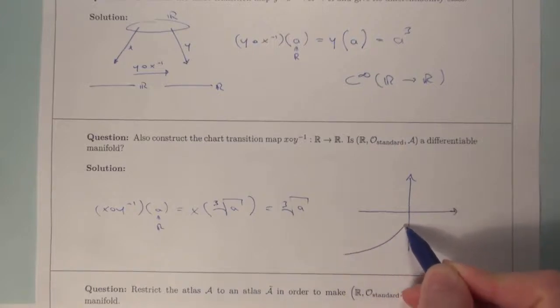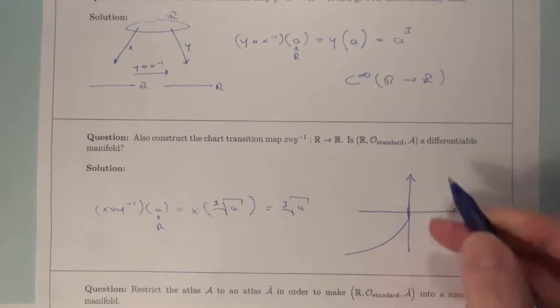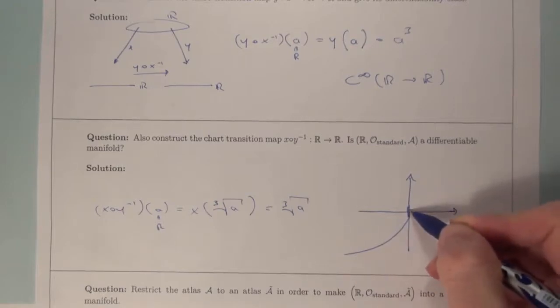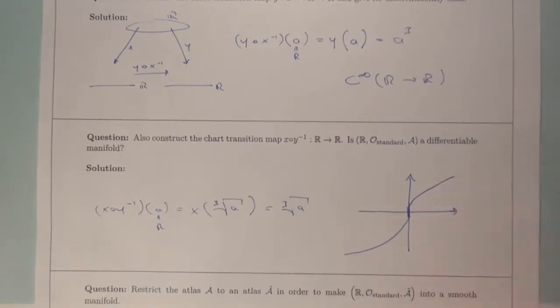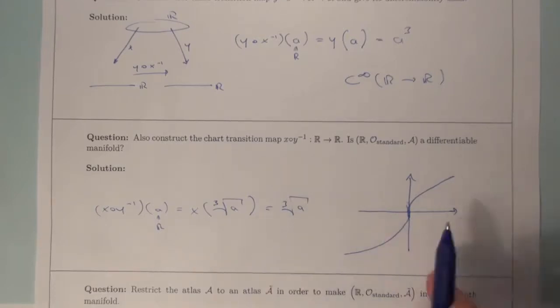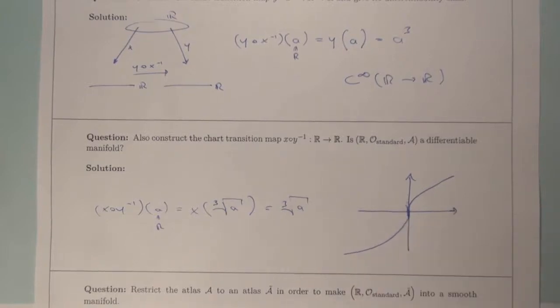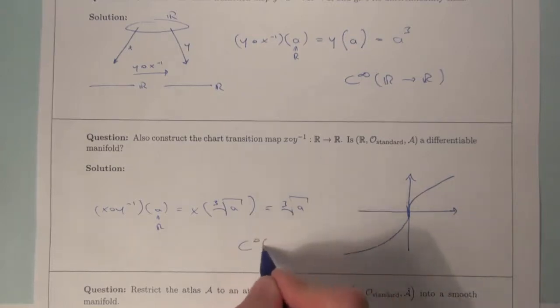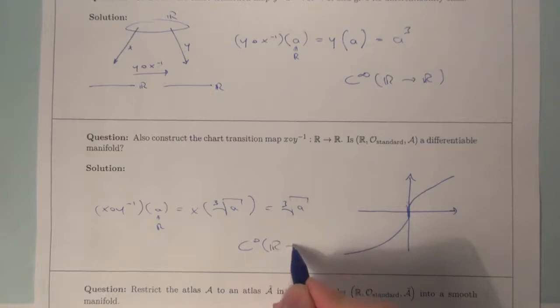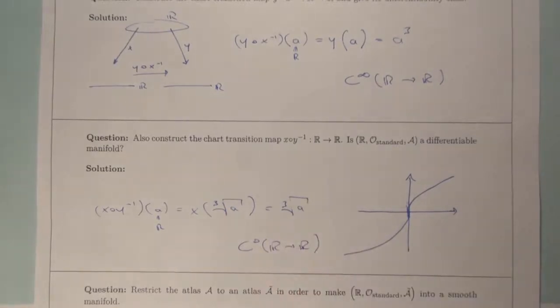So here we have infinite, well, the tangent is parallel to the y-axis, and of course if we do the first derivative, then we have a pole in here. Therefore this function is not even C1, it's C0, that means continuous on R.